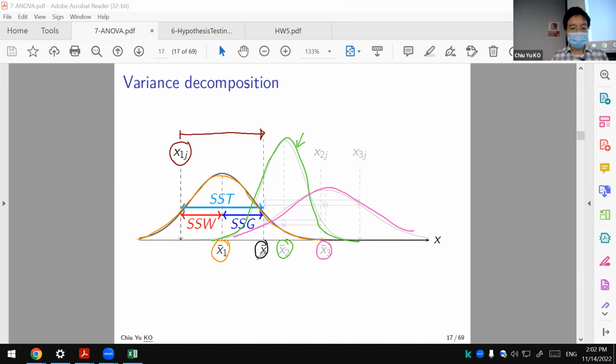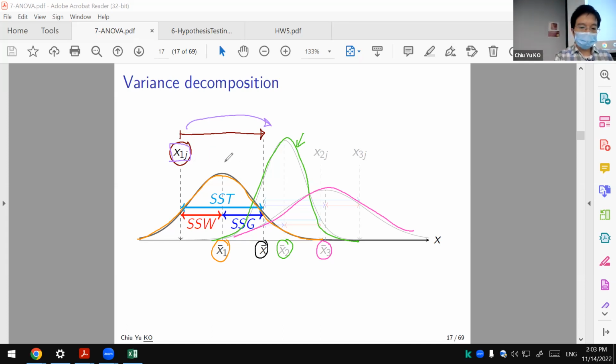And we try to decompose it into two separate parts. When you travel from each individual data point to the center of the data, you can travel in two ways.